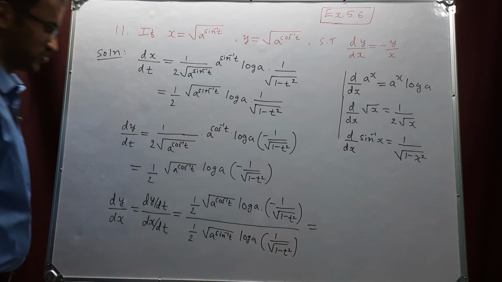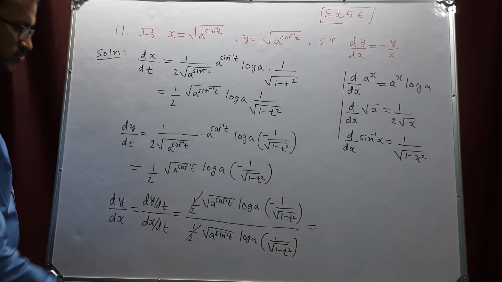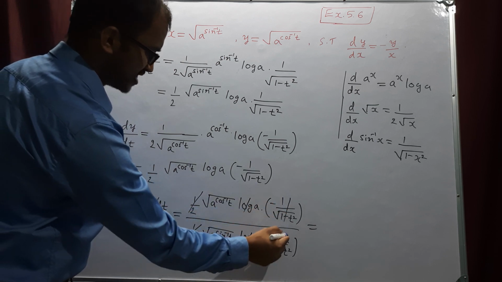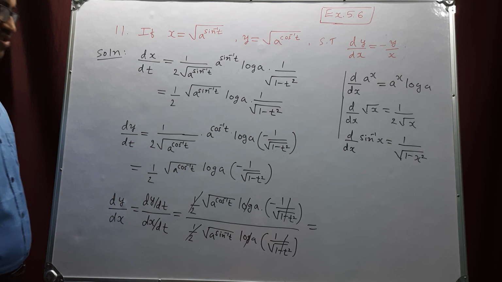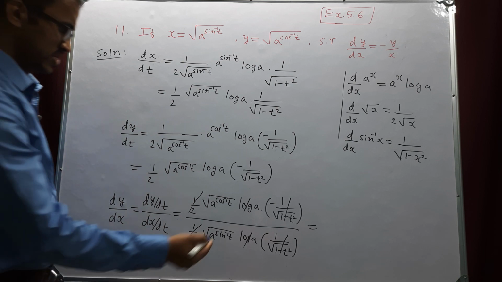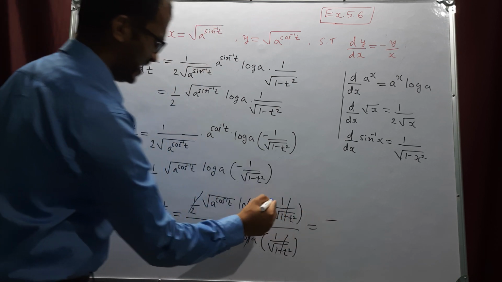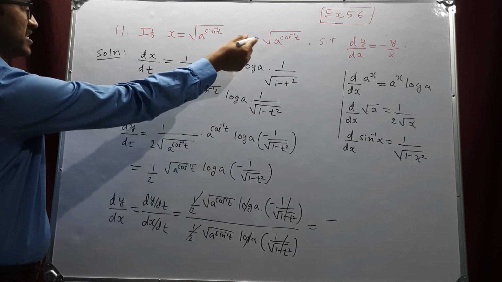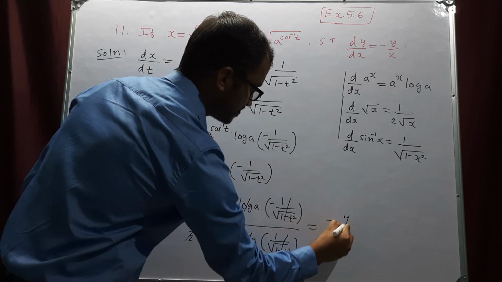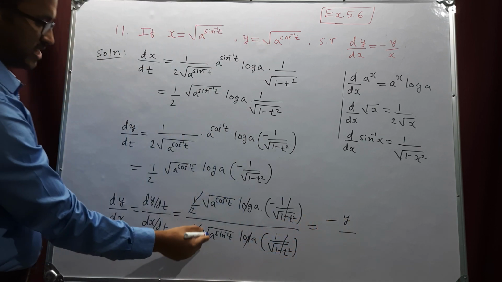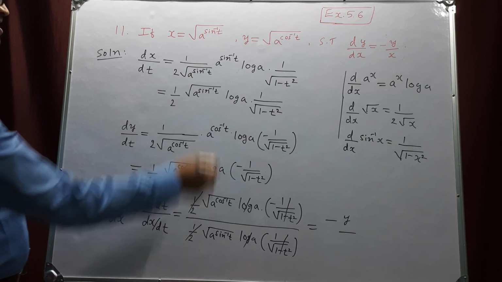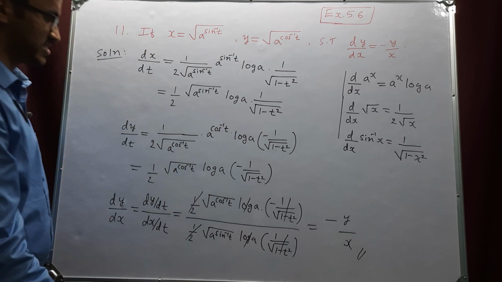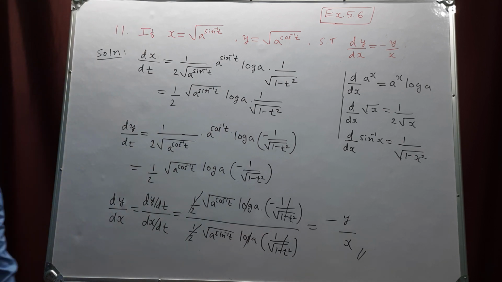So that is equals to, here we can cancel 1 by 2. Similarly, log a, 1 by root of 1 minus t square, 1 by root of 1 minus t square. So remaining thing is minus root of a power cos inverse t means that is y by again root of a power sin inverse t means that is x. So we got dy by dx. Dy by dx means minus y by x.